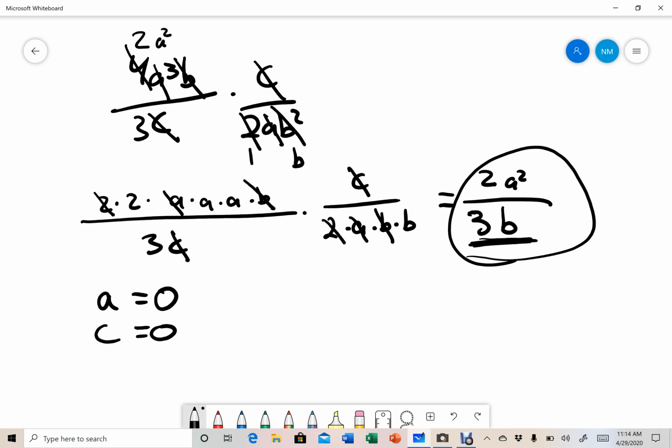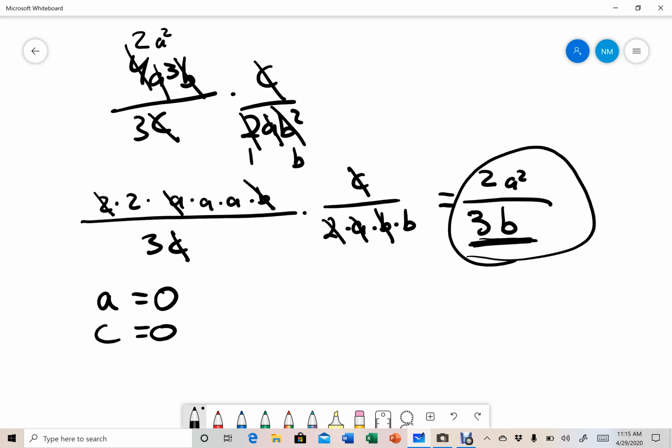Okay, so hopefully that's understandable for you. Any variable that has been canceled during the cancellation process that is not found in your final denominator has to be set to equal 0. If that variable is in your denominator, then you do not set it to equal 0. That is an acceptable value and is not excluded, okay?